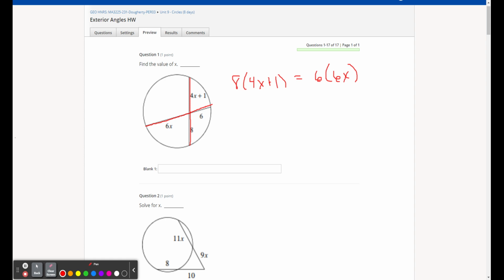And then you just solve from there. Distribute. Yep, absolutely distribute. And then 4x plus 1 this time was the same. Yeah, and you put the 1 over x.